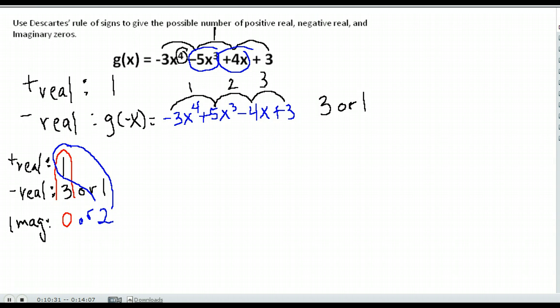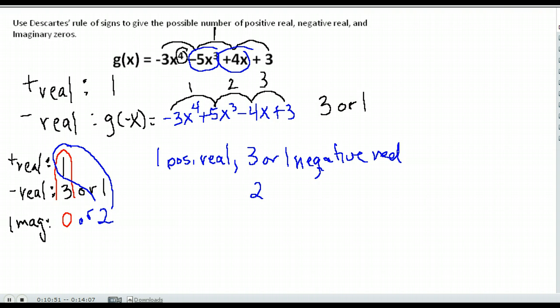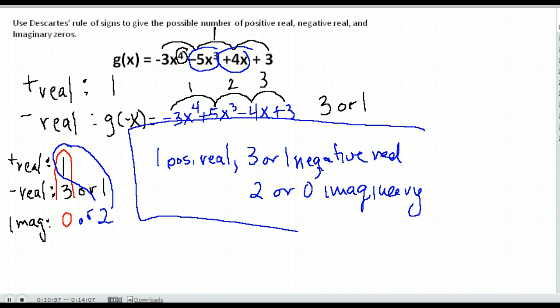So our final answer is that we have 1 positive real, 3 or 1 negative real, and we have 2 or 0 imaginary. And that is our final answer there.